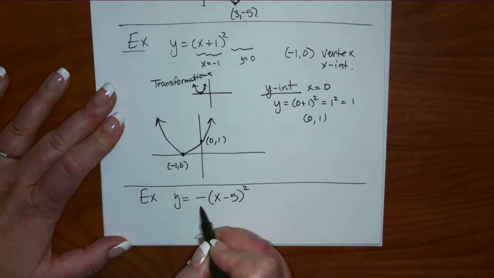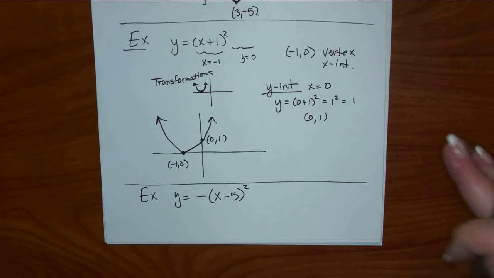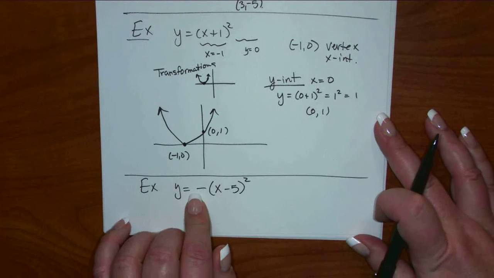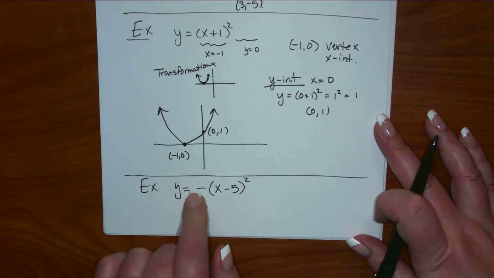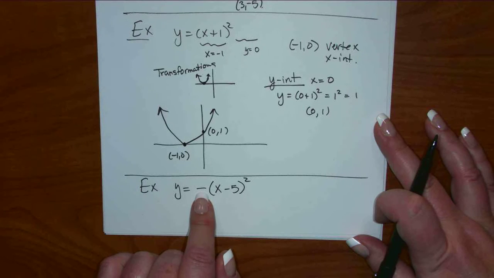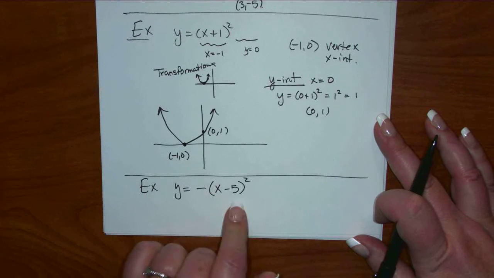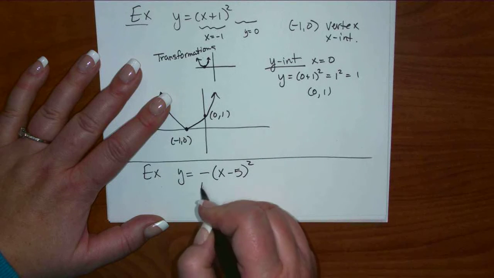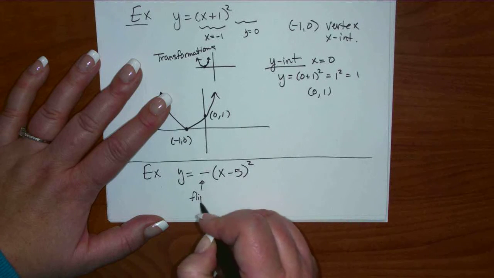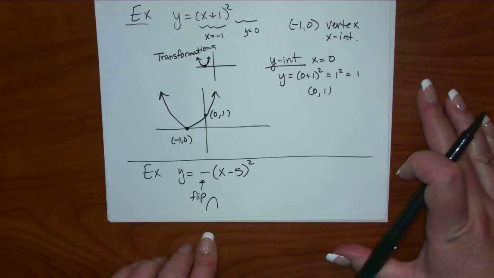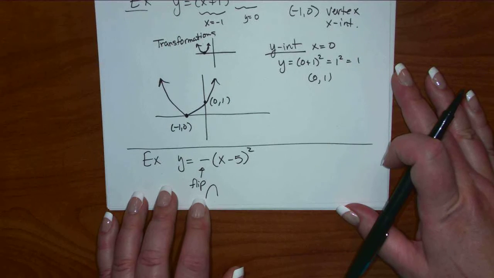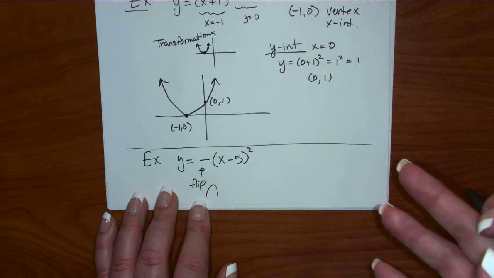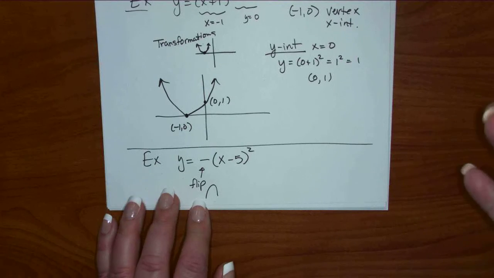It has to be in front of that bracket that's squared. So the negative has to be in front of the bracket, and that's a flip. So when you're doing your transformations for this, you know that it's going to look like that instead. So if you're using transformations, then you do need to remember that the negative in front of the bracket flips it upside down. What would the vertex be here?